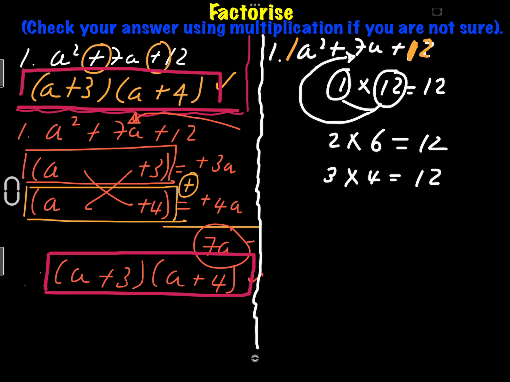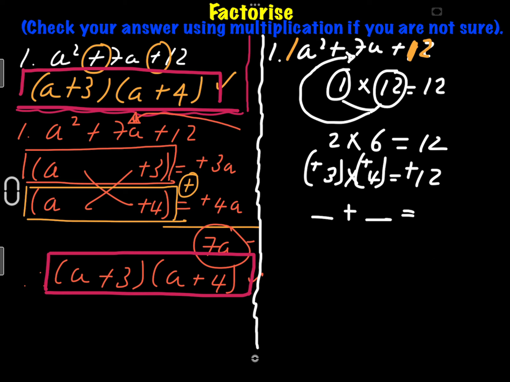Okay, so because of that, what we need to do now is simply consider using the correct operations. So we have positive 3 multiplied by positive 4 gives us positive 12. Similarly, we have to add, making sure that we sum those two factors.